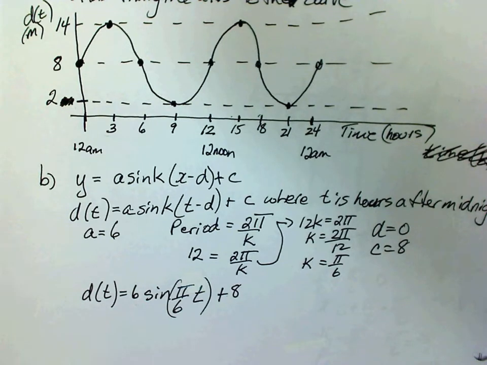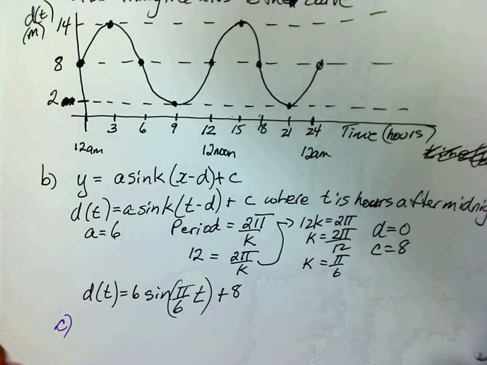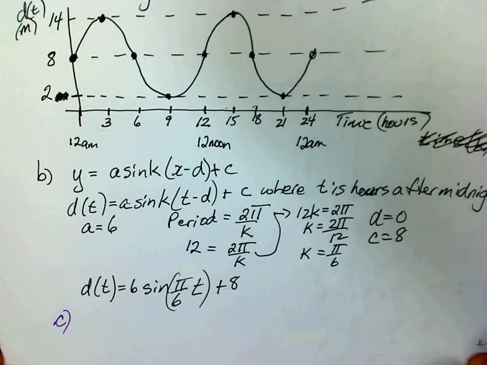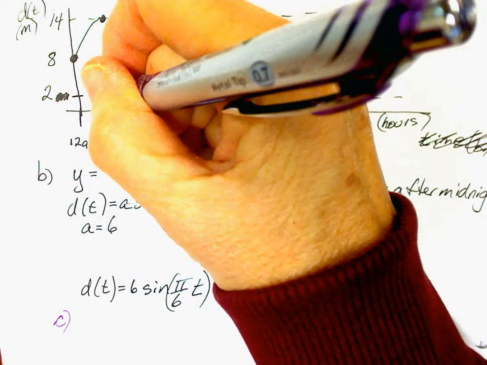Let's look at part C. I'm going to do it in purple, okay? The only difference is now we have a phase shift. They're telling us if the water's at average sea level at 2 here, it means it's starting there, right?